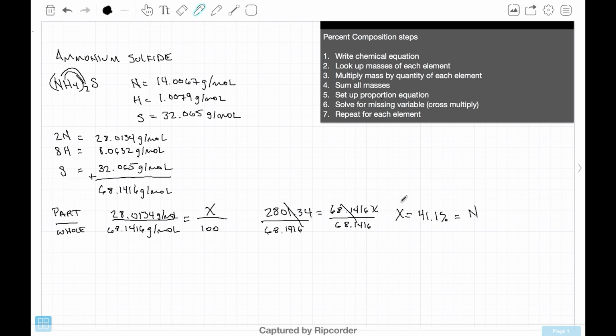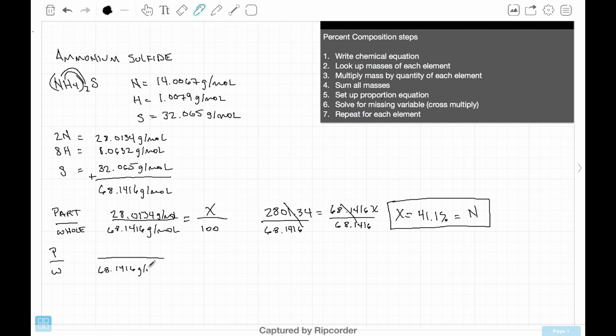So step 7 says repeat for each element, and nothing will change from here on out. So we'll find our part to whole ratio, and the whole's not going to change. That's 68.1416 grams per mole.